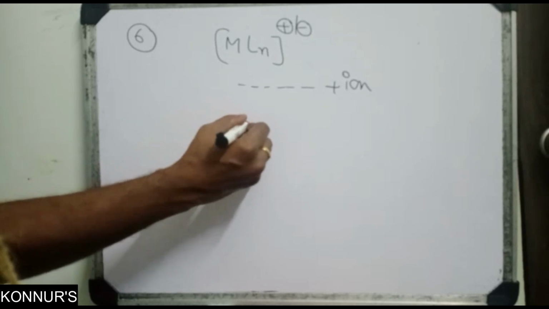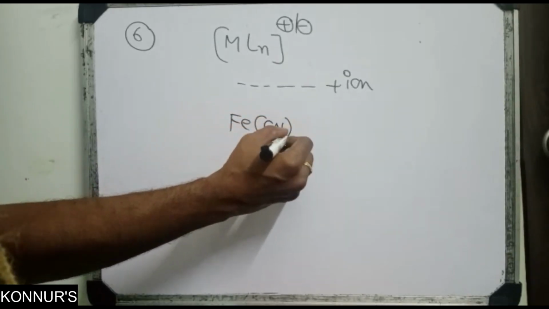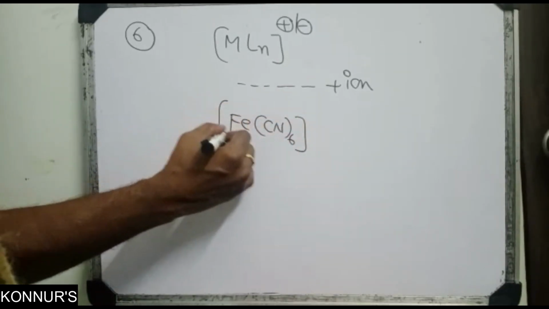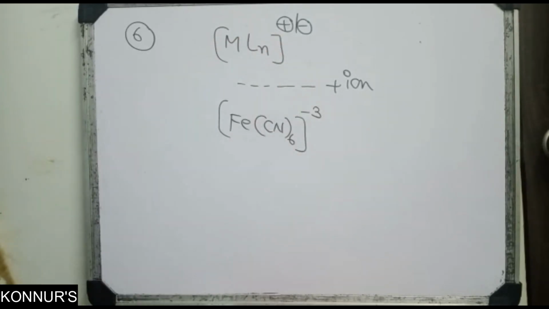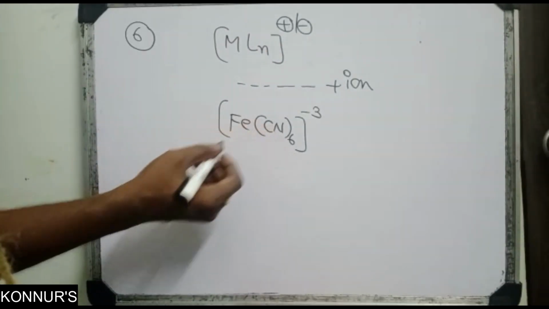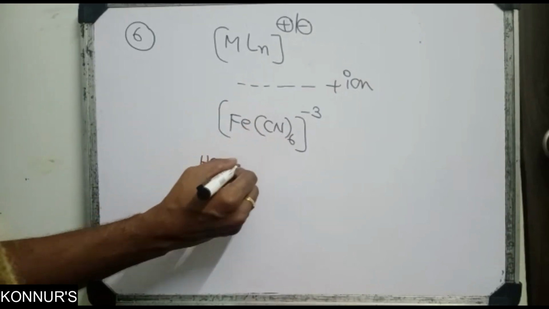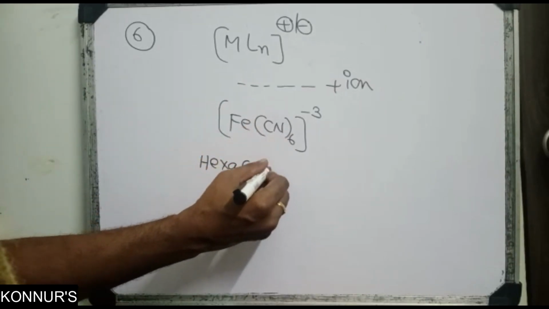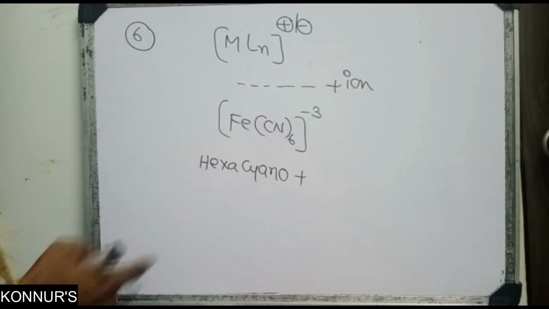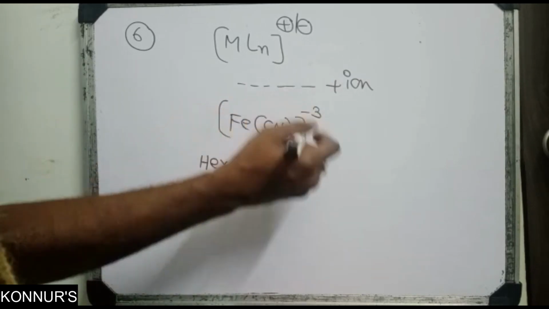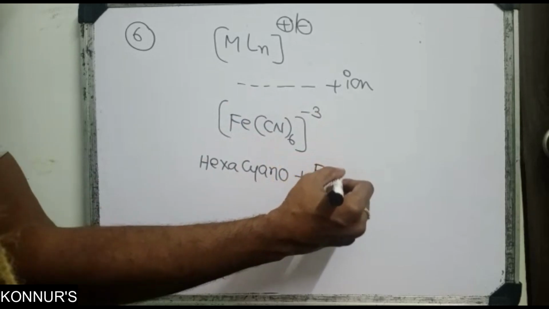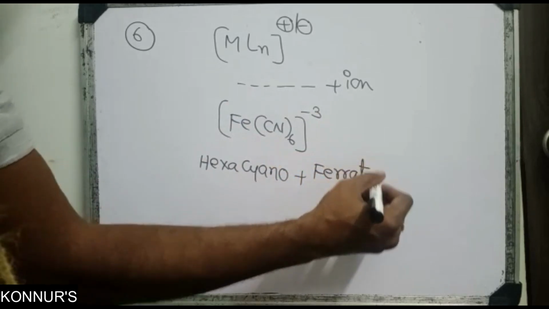Suppose you take [Fe(CN)6] minus 3. So first of all, only the complex sphere is given. So you write hexacyano, plus metal you write. Metal with negative charge, metalate. So you write as a ferrate.